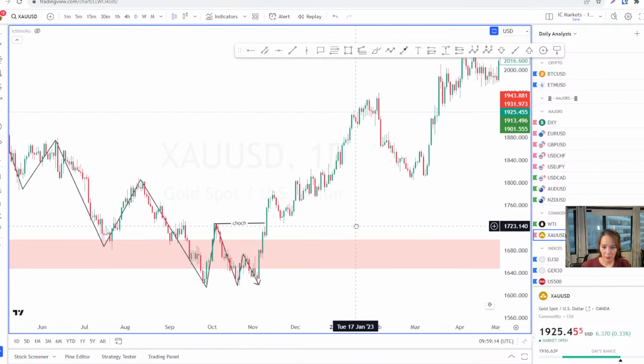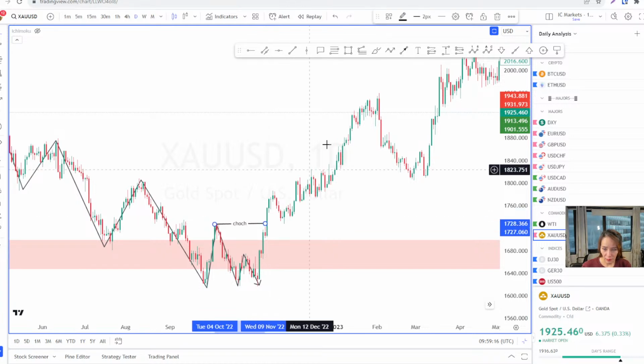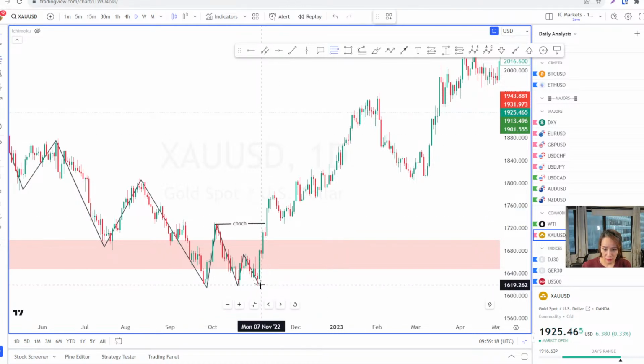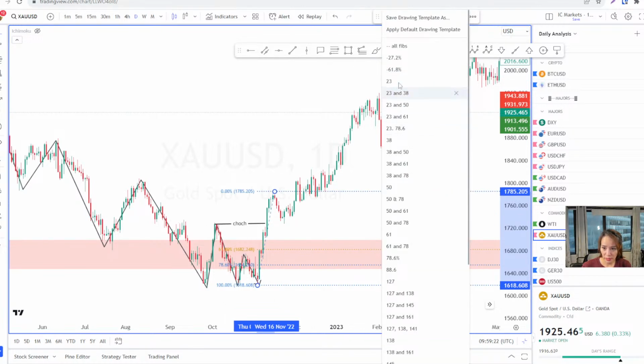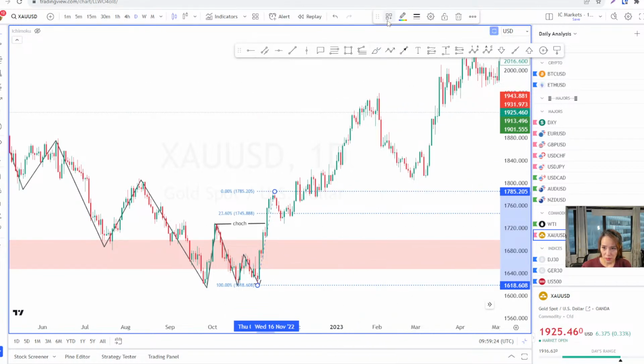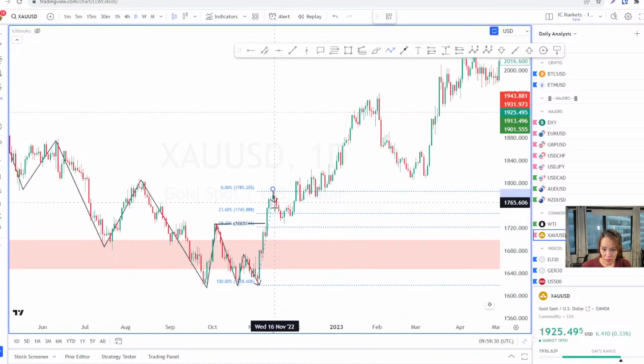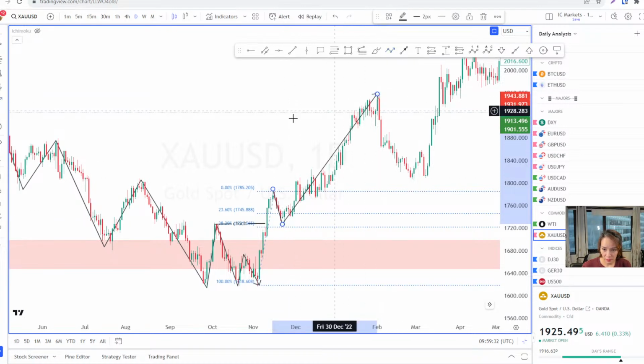Then price breaks here. We use Fibonacci at 23. I think they retrace between 23 and 38, somewhere here. You can see from here they retrace and then all the way up.